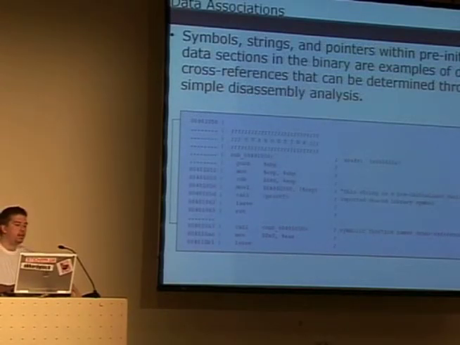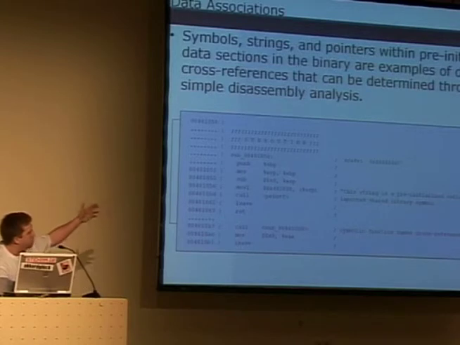As far as data associations, you're going to be looking more for the symbols, strings, and pointers within pre-initialized data. And if you get into emulation, then you can also look at pointers within heap allocated data or runtime allocated data as well.